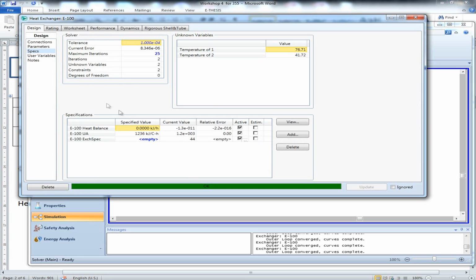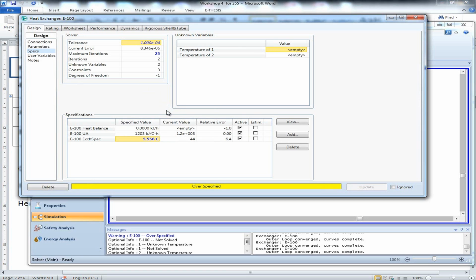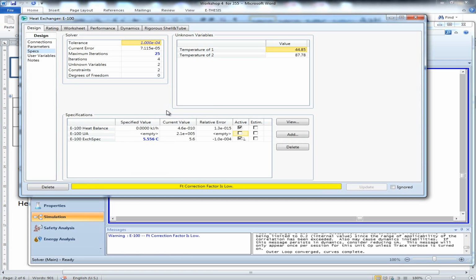If I put in the estimation number, 10 degrees Fahrenheit, it means I need to do something, or I need to take this out. By changing that, the Ft goes low. So let's see.